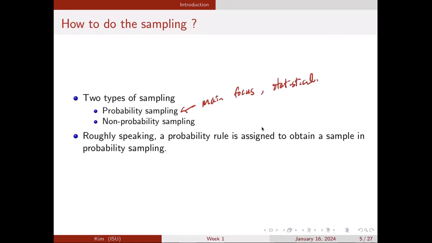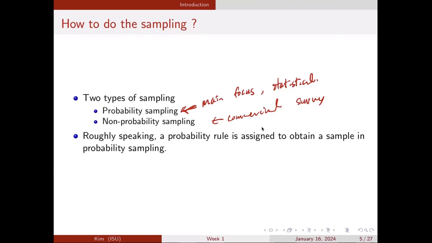But in reality, in commercial surveys, non-probability sampling is also used, although the statistical justification for non-probability sampling is somewhat weak.